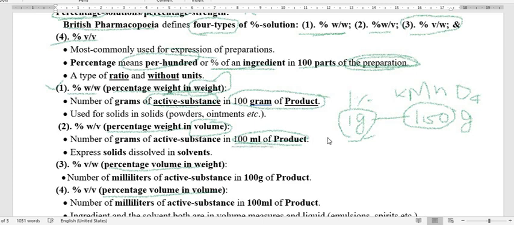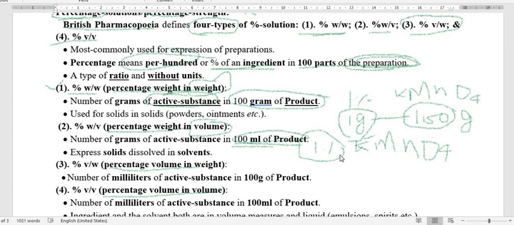If I take the same example, you have to prepare 1% KMnO4 solution. Here we are talking about the solution or product. What does it mean? It means you have to dissolve 1 gram of KMnO4 in water so that it becomes 100 ml. So the final product is 100 ml. This is called weight by volume.